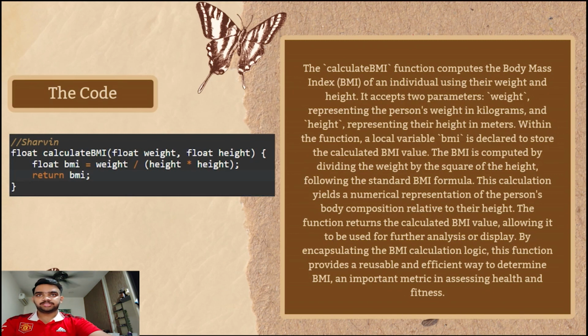Within the function, a local variable BMI is declared to store the calculated BMI value. The BMI is computed by dividing the weight by the square of height, following the standard BMI formula. This calculation yields a numerical representation of the person's body composition relative to their height.